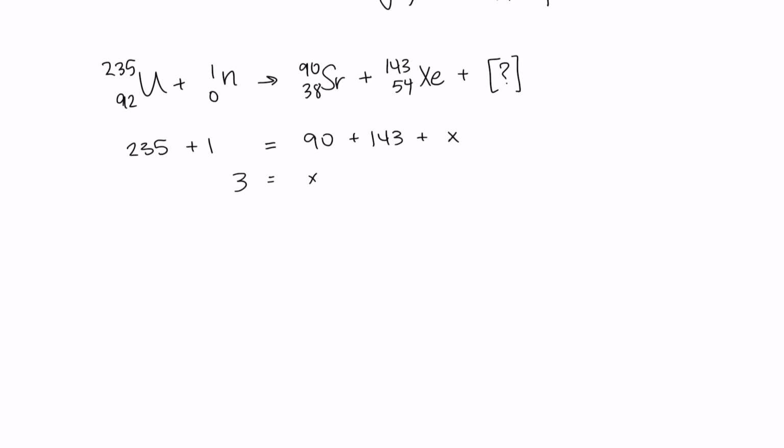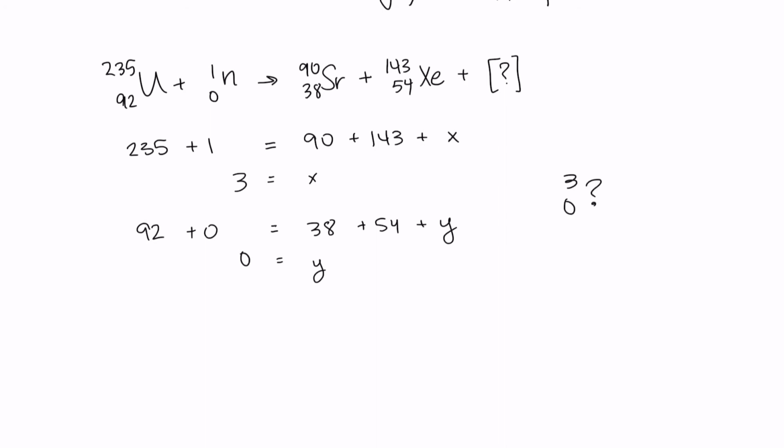And now I'm going to do the same thing on the bottom. I'll call this one y, but we're going to get 92 plus 0 equals 38 plus 54 plus y. And it turns out here y equals 0. So now I've got something 3, 0, and what the heck is that?